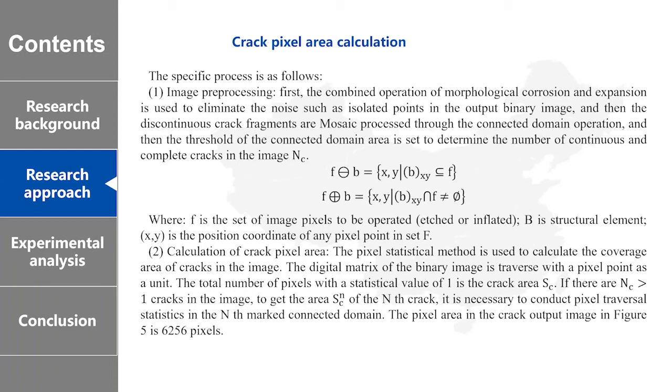Then the threshold of the connected domain area is set to determine the number of continuous and complete cracks in the image. The first step is calculating the crack pixel area. The pixel statistical method is used to calculate the connected area of cracks in the image.